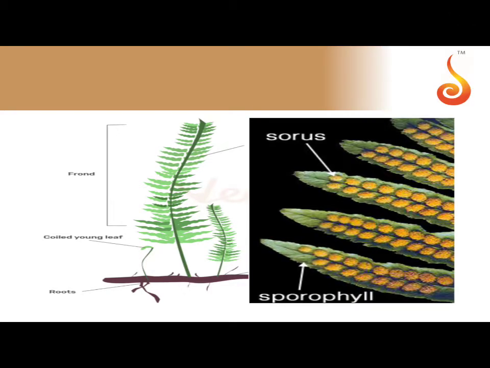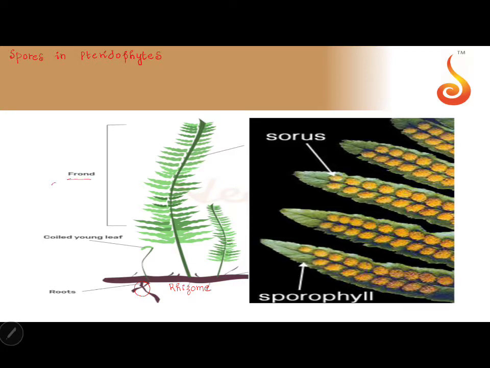The slide you are seeing here is the spores in pteridophytes. If you see, this is rhizome, the underground stem in pteridophytes, and I see roots which give them anchorage, and I see frond.